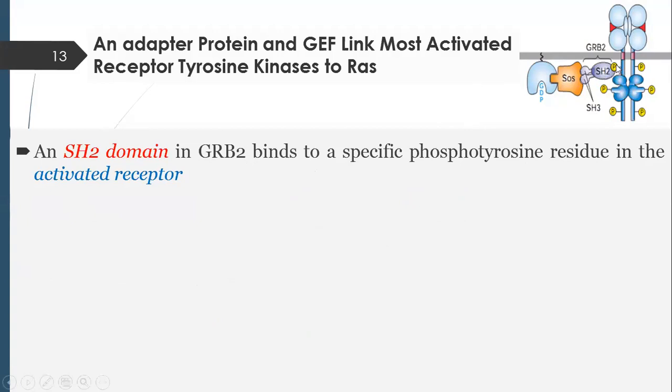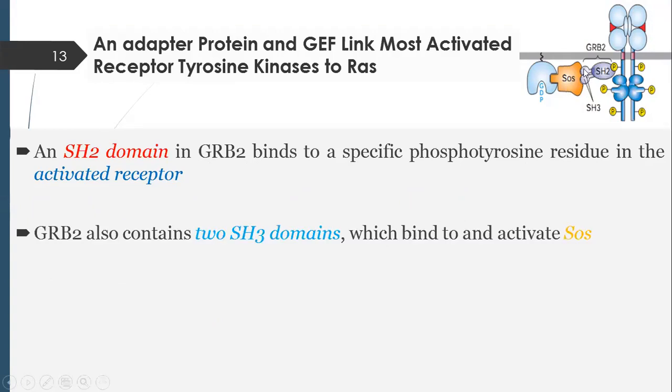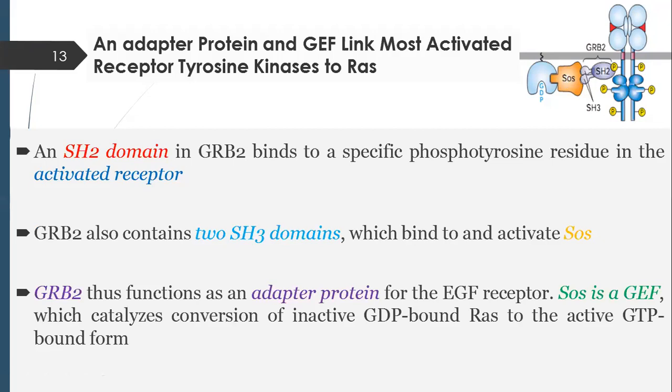And the GRB2 has two SH3 domains, and the two SH3 domains bind to SOS. So SOS and GRB2 thus function as adapter for the GEF. SOS is actually a GEF, and that will convert inactive GDP-bound RAS into active GTP-bound form.